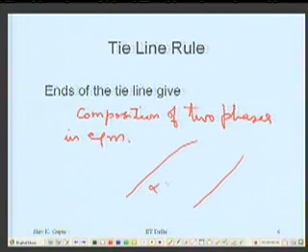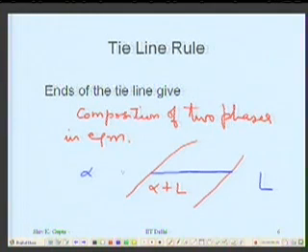In this two-phase region, alpha and liquid, let us say this is the constant temperature line. And let us say here is the alpha phase region, here is the liquid phase region.